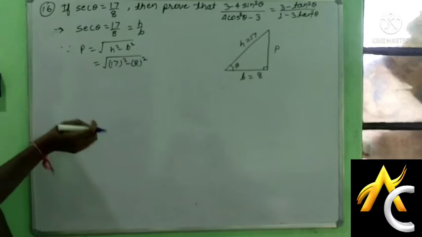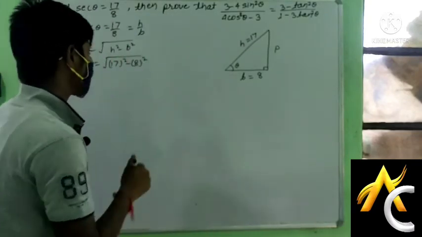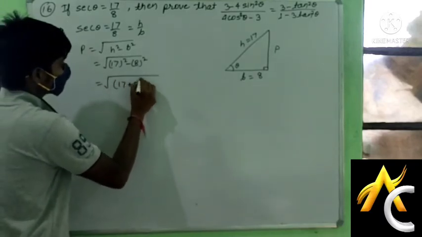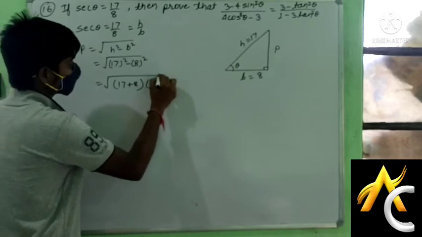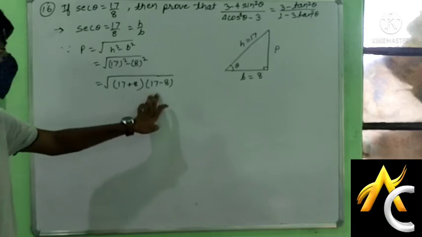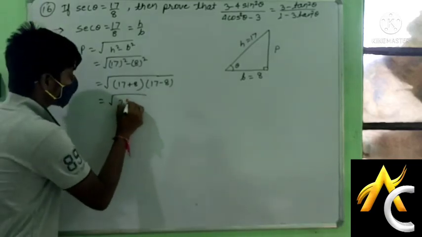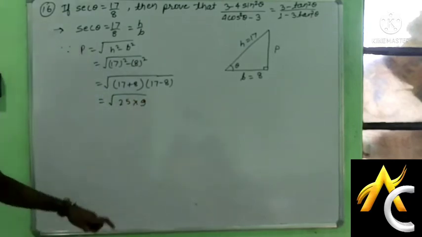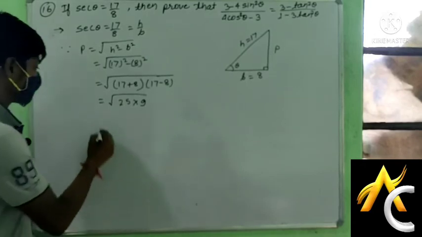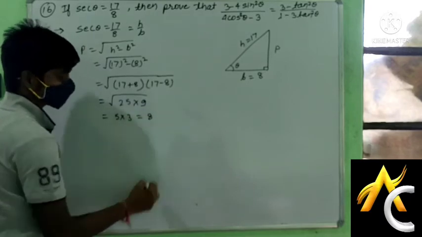So by using the identity A square minus B square is equal to A plus B into A minus B, we can write it as root under 17 plus 8 into 17 minus 8, right? And as we know, 17 plus 8 is 25 and 17 minus 8 is 9. So it will be root under 25 into 9, and the square root of 25 is 5 and the square root of 9 is 3. So it will be 5 into 3 is equal to 8.